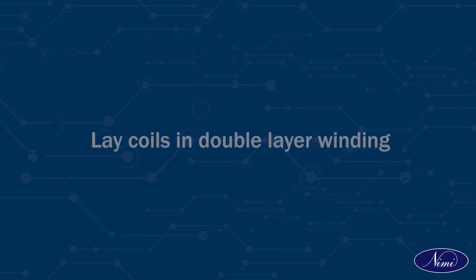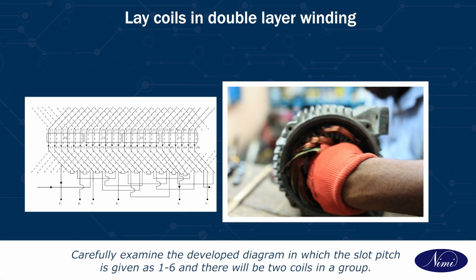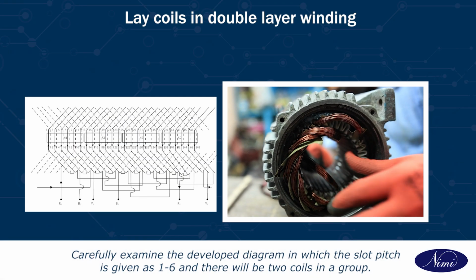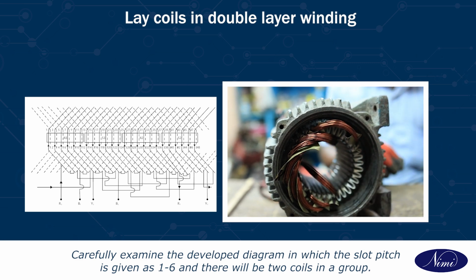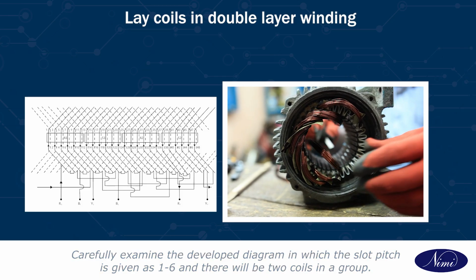Task 4. Lay coils in the double layer winding. Carefully examine the developed diagram in which the coil pitch is given as 1 to 6 and there will be 2 coils in a group.